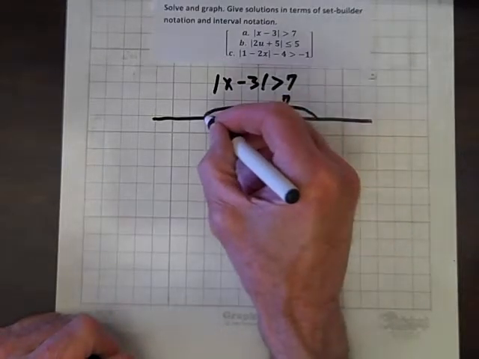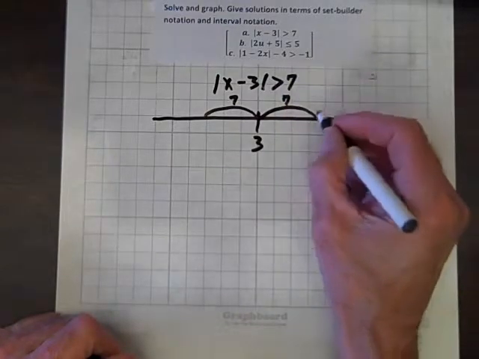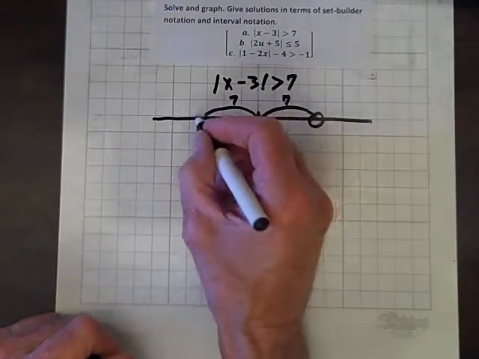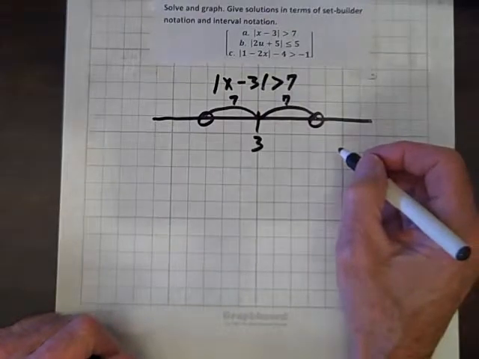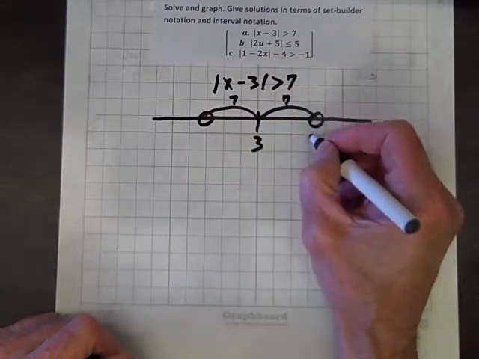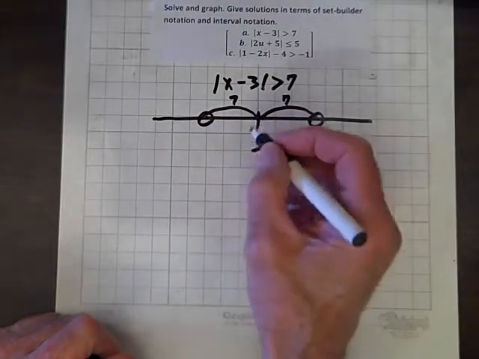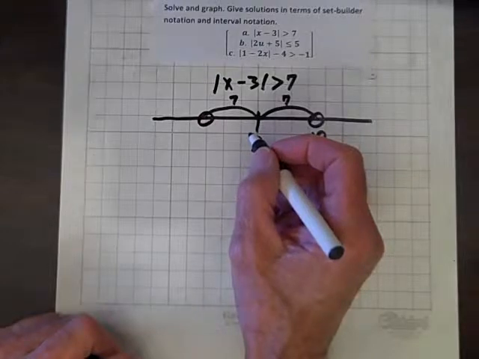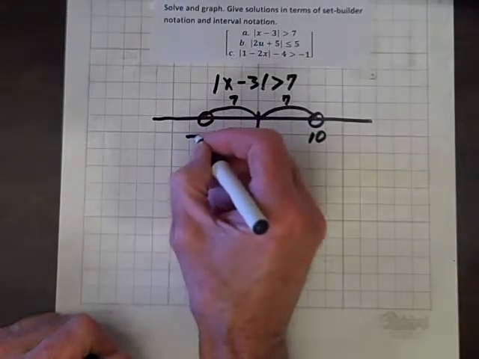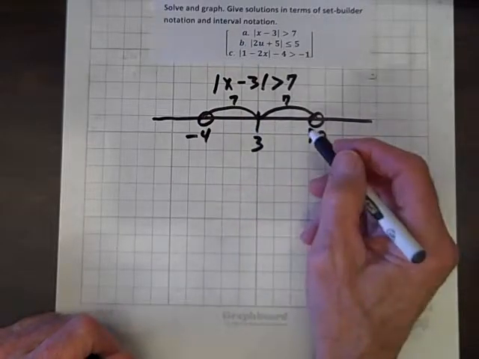Now, there's no equal sign associated with the inequality, so we'll need open circles. We're at 3. We go 7 more units, we'll wind up at 10. We're at 3, we'll go back 7 units, and we'll wind up at negative 4. 3 minus 7 is negative 4.